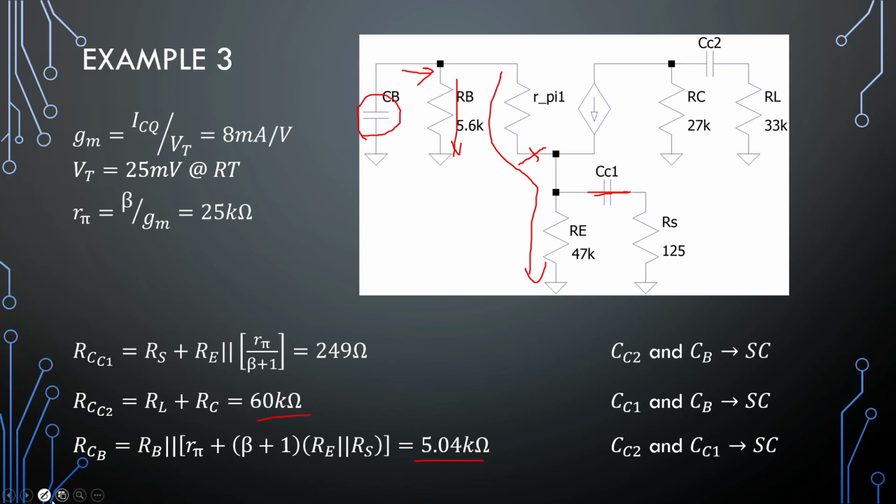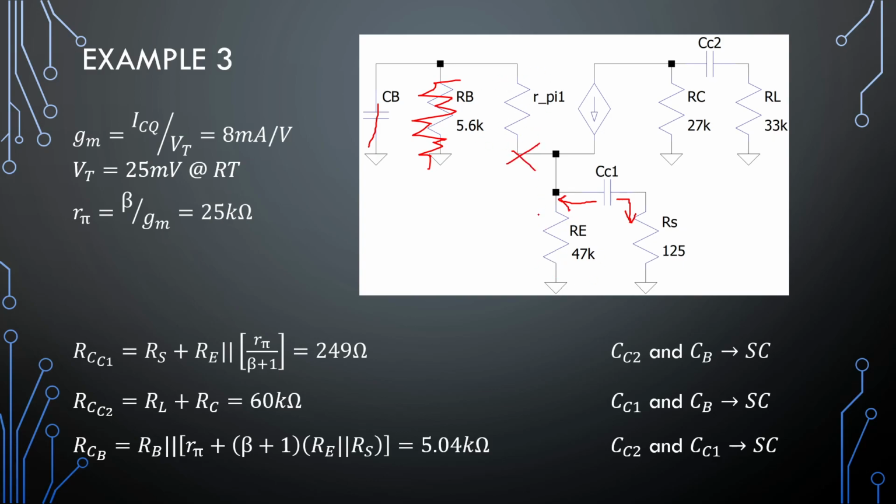Then from CC1's perspective, CB is grounded, so RB actually disappears from this whole thing. CC1 looks in this direction and it sees RS, and it looks in this direction and it sees RE in parallel with R pi, but R pi is viewed through the transistor backwards, so R pi is divided by beta plus 1.